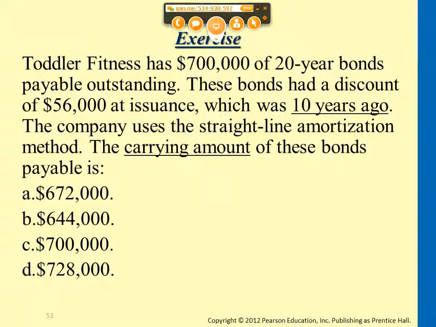Last question here. Let's say this company has $700,000 of bonds payable, 20 years lifetime outstanding. We need to issue the bond. These bonds had a discount of $56,000 at issuance.